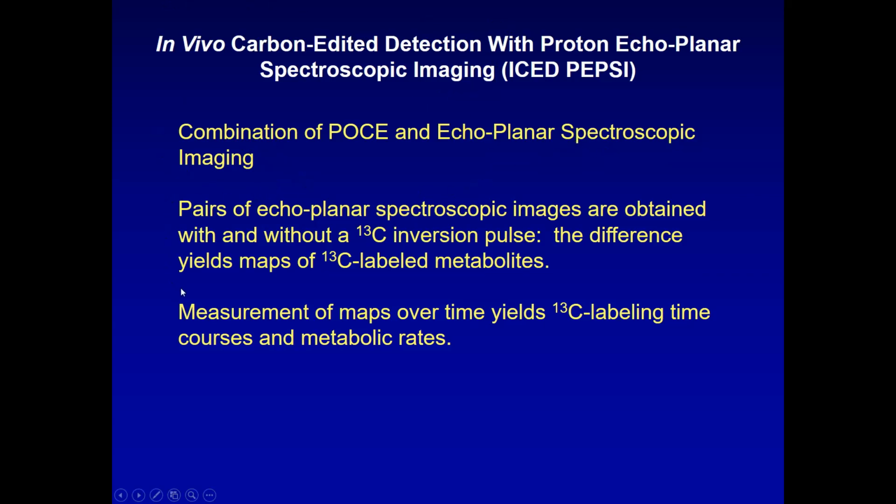You take pairs of the echoplanar spectroscopic images with and without the C13 inversion pulse, take the difference between your maps, and what you'll see are carbon-13 labeled metabolites. And if you infuse carbon-13 labeled, say, glucose over time, you can watch those maps develop intensity. We can analyze those maps then to determine metabolic rates.